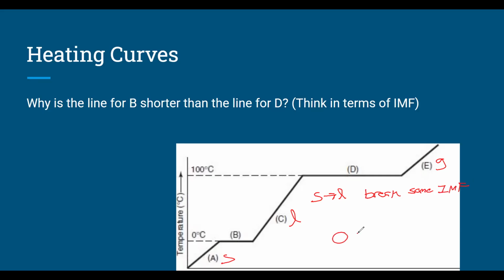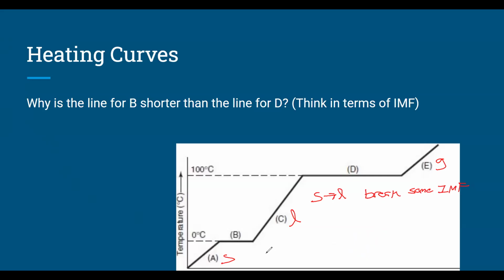Originally, everything's locked together in a rigid pattern, but we're able to break enough of these intermolecular forces that the particles can move and flow past each other. That's why a liquid can change shape. It can take the shape of the container because the particles can move. So we have to break some intermolecular forces when we go from a solid to a liquid.